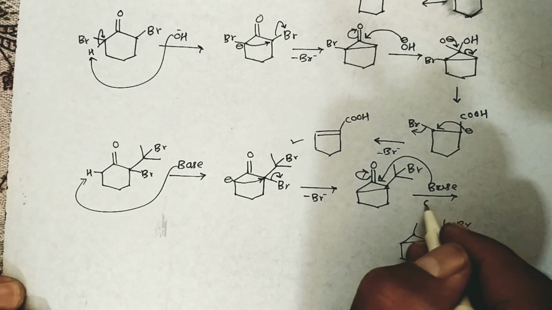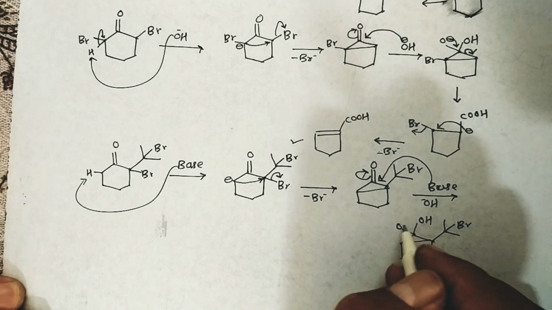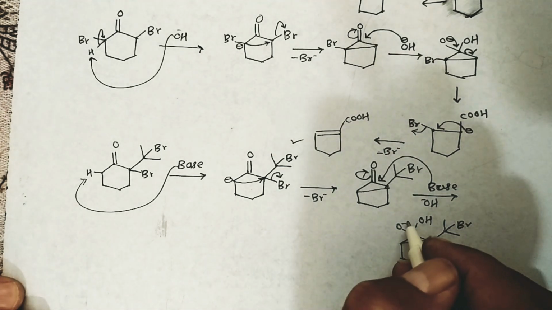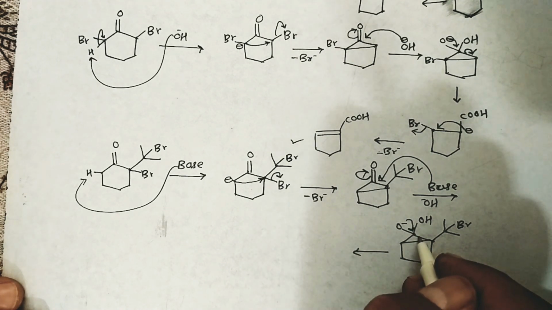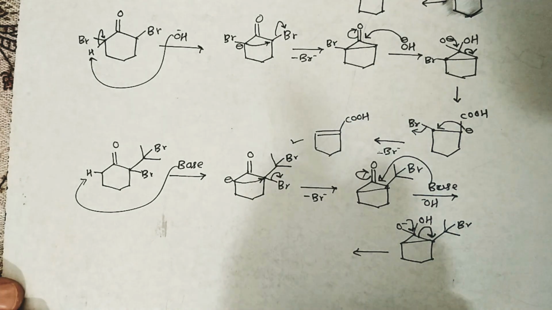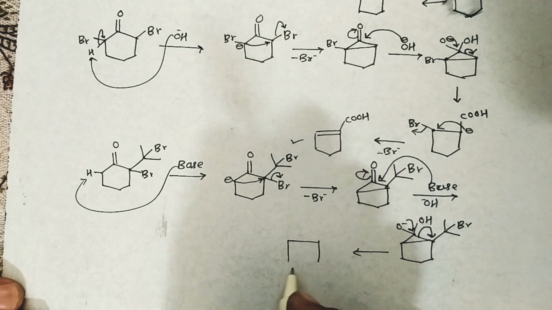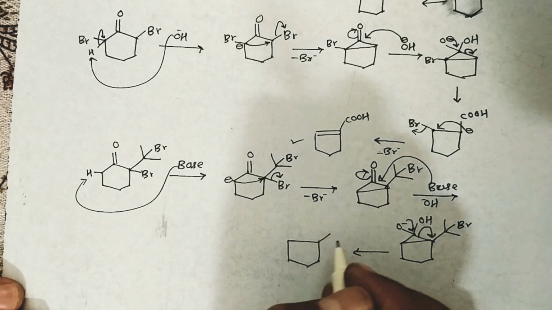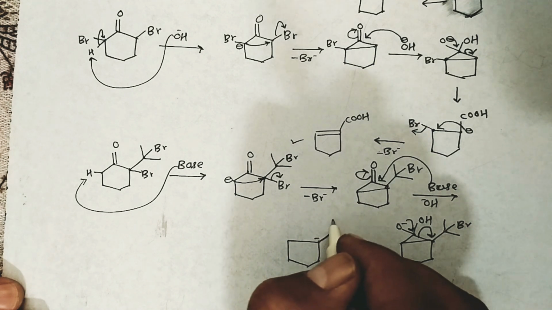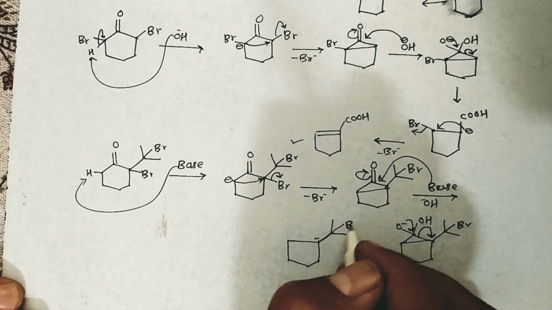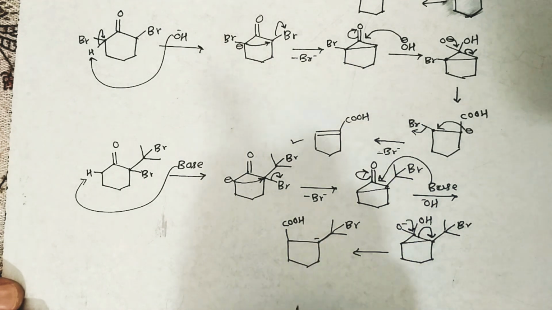Suppose if I use OH minus, here OH and here oxygen. Again this negative charge is restored over here, and this bond will break. You will get such type of structure. Negative charge here, Br, on this side COOH group.